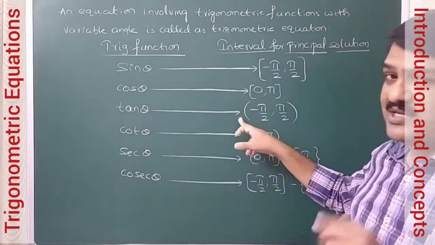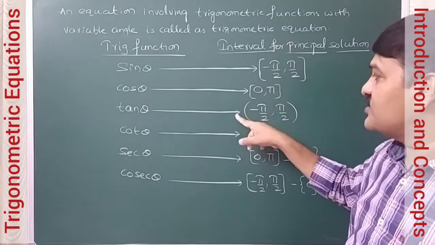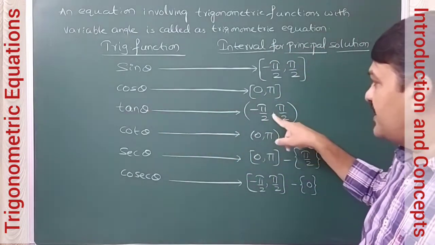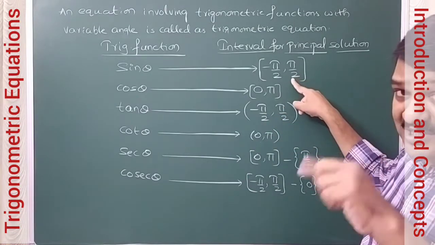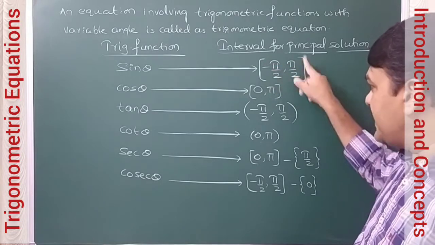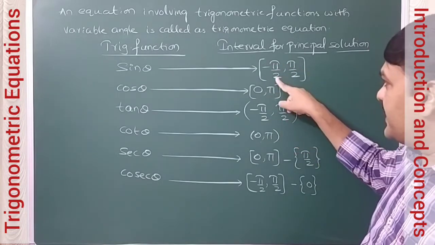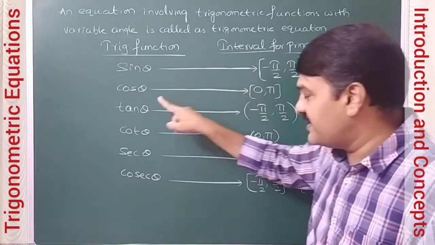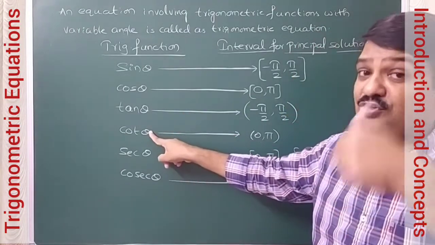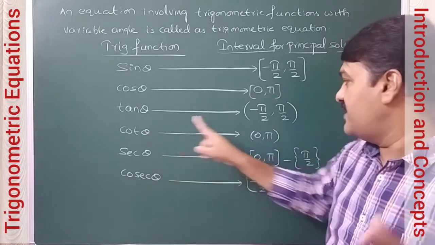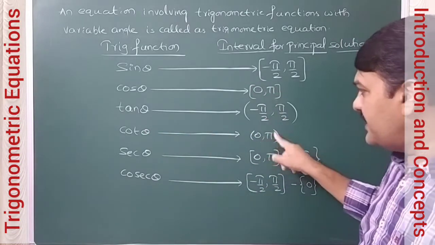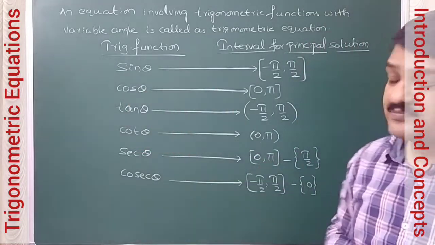tan means sin by cos. The numerator function you remember. So therefore the tan principal solution interval will be same as sin, the numerator function. Same as the sin function, but open brackets we will take, because at minus pi by 2 the tan function is not defined. Cot is cos by sin, numerator function, so therefore same as cos. Open brackets, because at 0 and pi cot function is not defined.